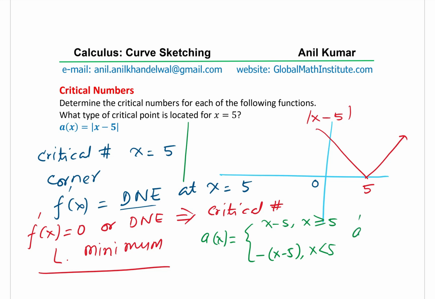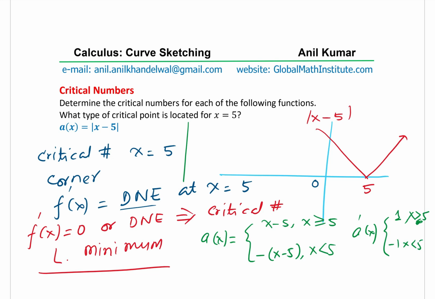So the derivative of this function is on the left side, this is the right side. On the right side, you can see positive 1 when x is greater than, not equal to, but greater than 5. But it is negative 1 when x is less than 5. And therefore, at 5, it does not exist.